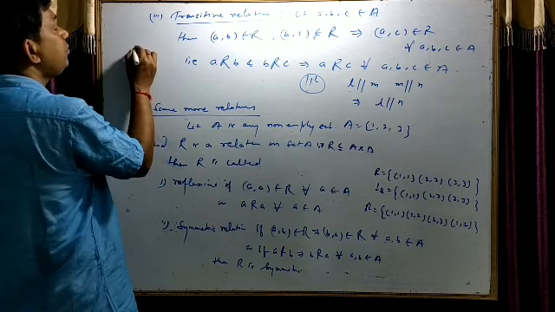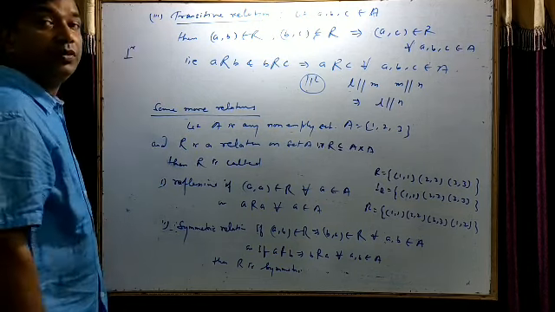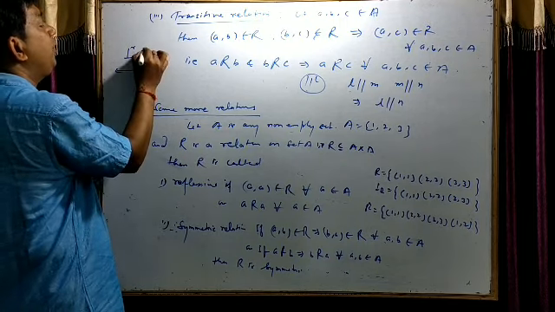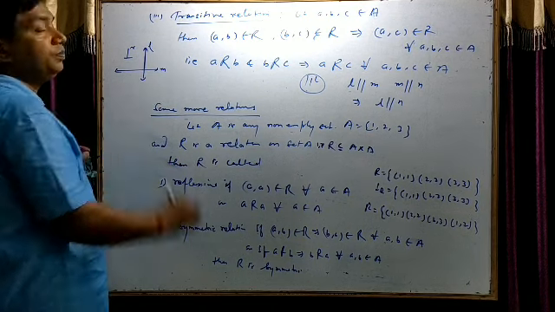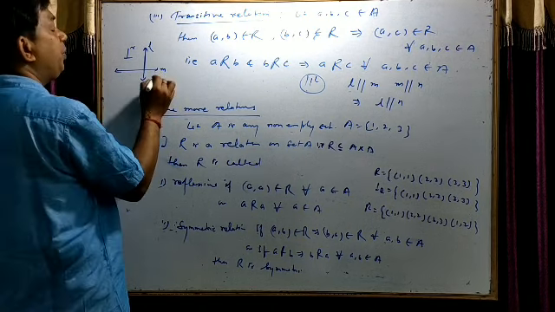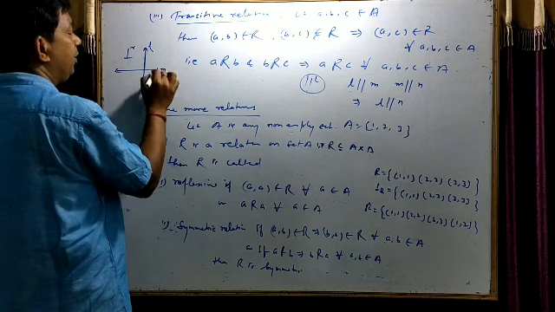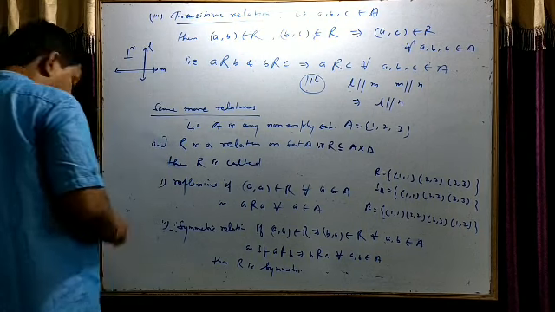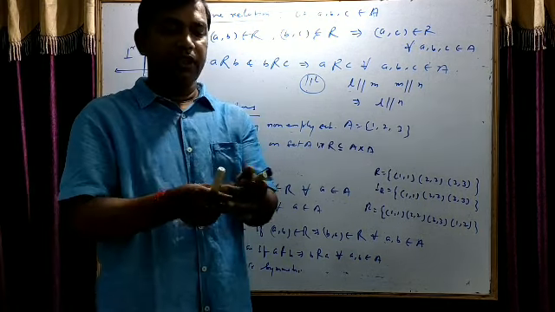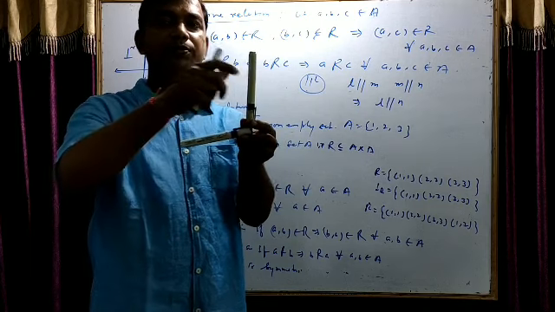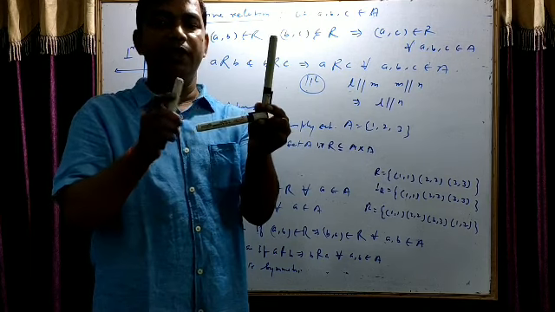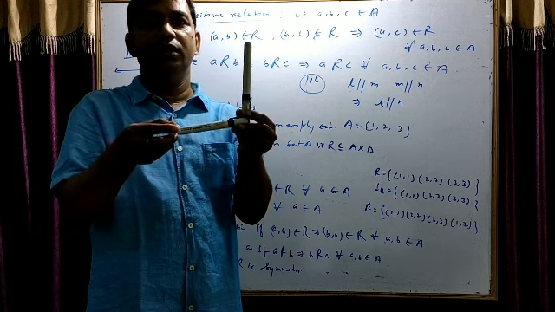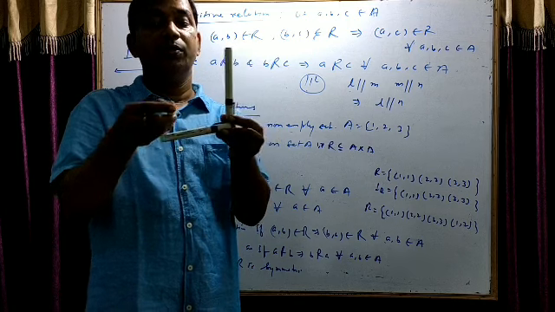What about perpendicular? Suppose L is perpendicular to M. After that, M is perpendicular to N. This is L, L is perpendicular to M, and M is perpendicular to N. So what about these two lines?